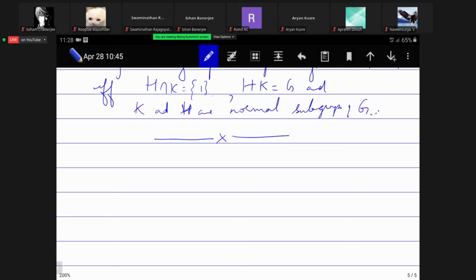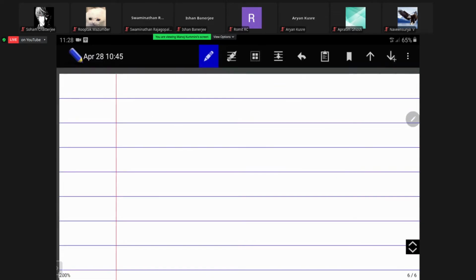So let me just, for us, in our example, the order of H is 3, the order of K is 5, and their intersection is 1. This means that the map f is injective.